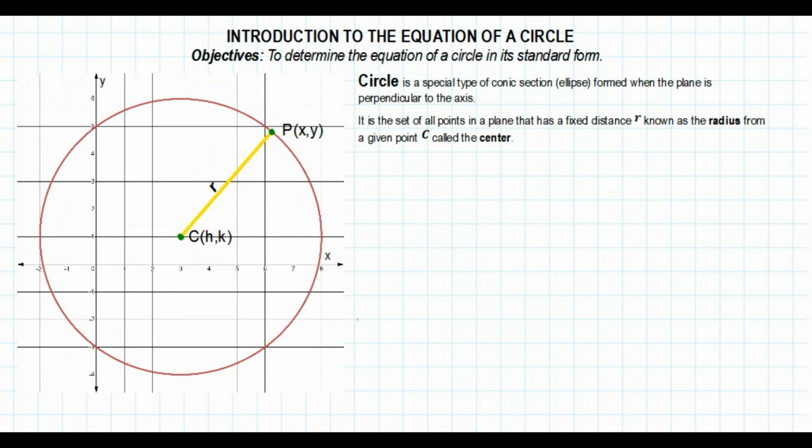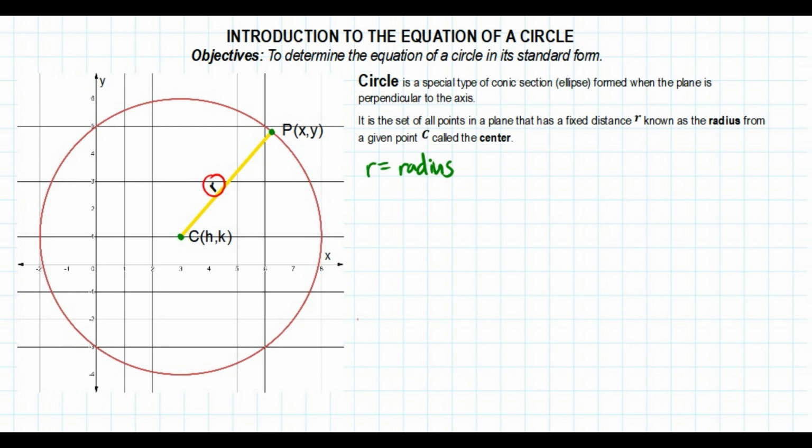Now, kilalanin muna natin itong mga symbols na to para hindi tayo malilito. Now, kilala na natin si R. R is the radius. The distance between the center to any point on the circle.